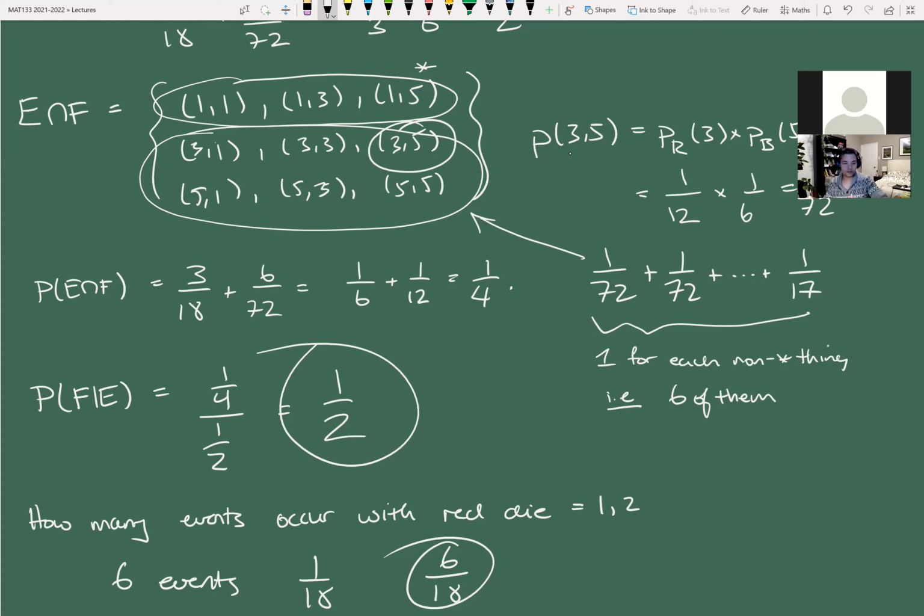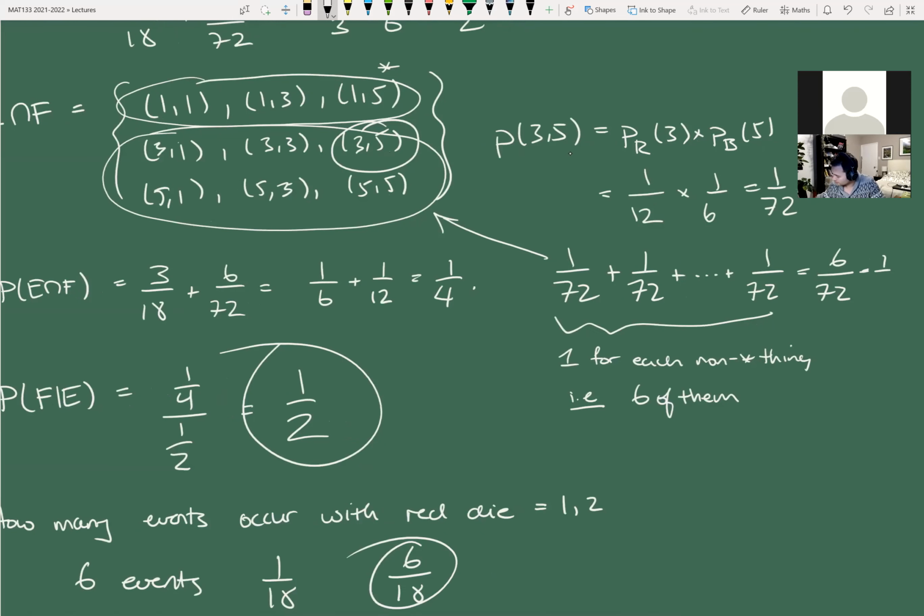So if I have 1/72 plus 1/72 6 times, that gives me 6/72. And that's equal to 1/12. Does that make sense? So the 1/12 is after I reduced it from 6/72. And the 6/72 is because there were 6 non-star things multiplied by 1/72, which is their probability.